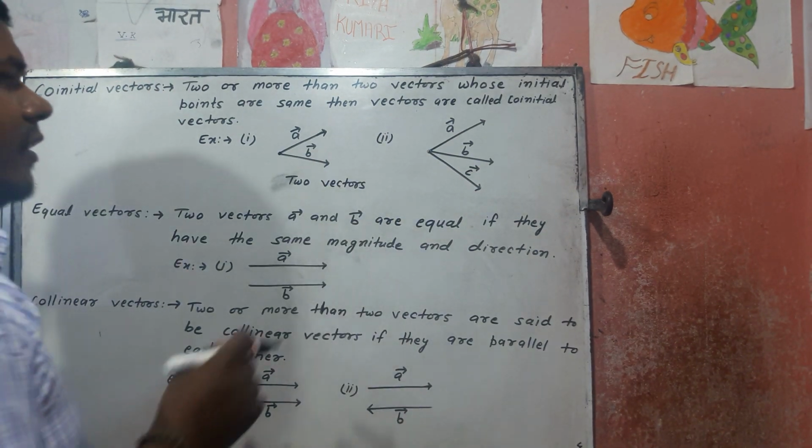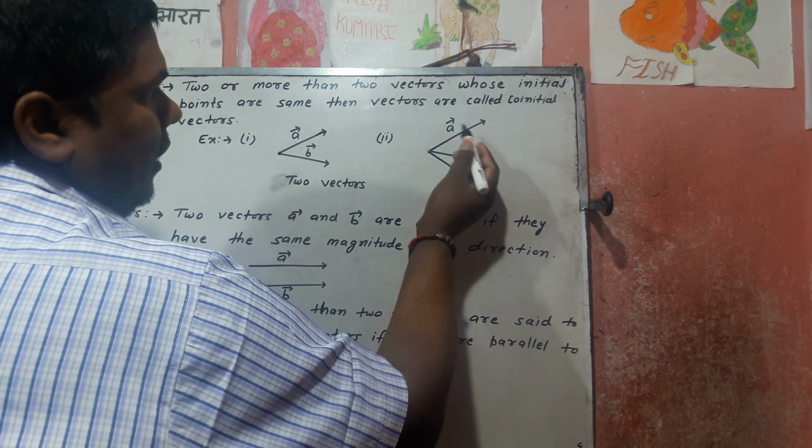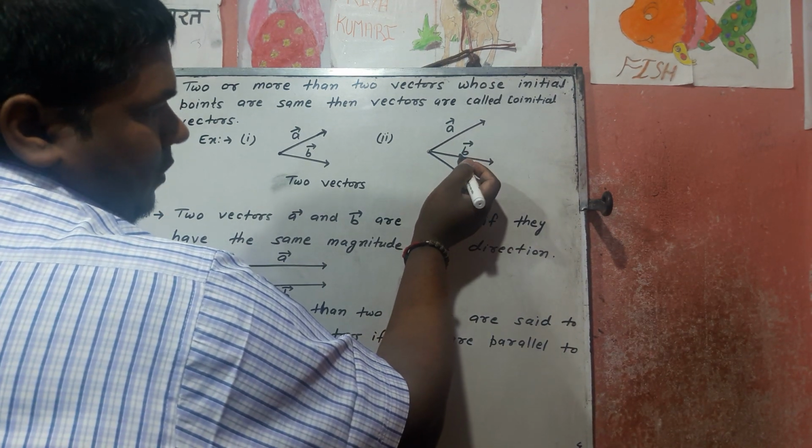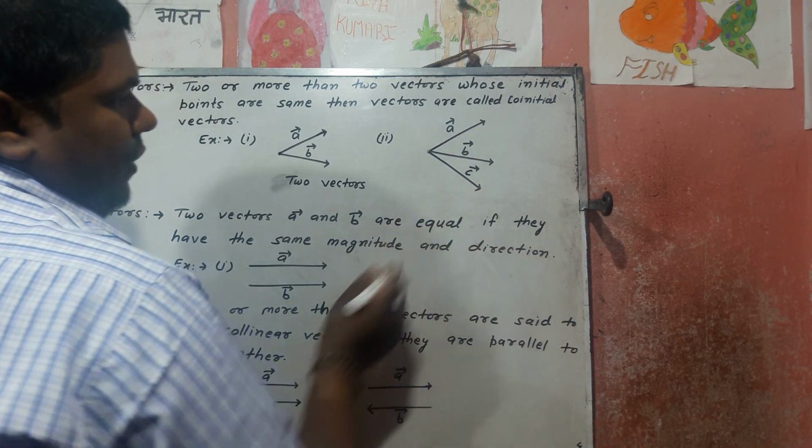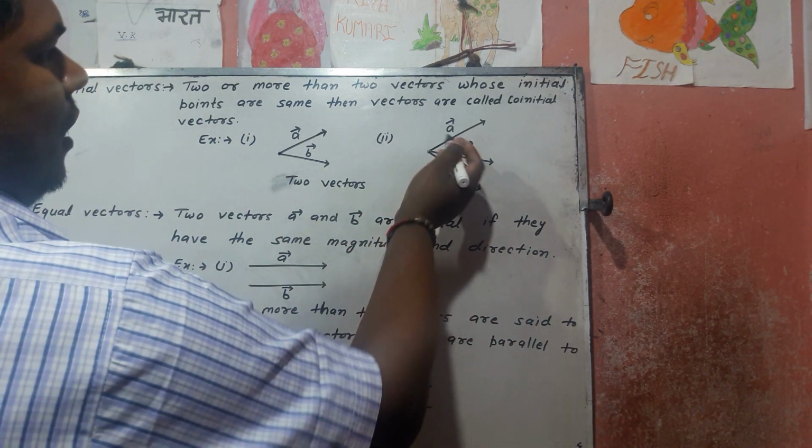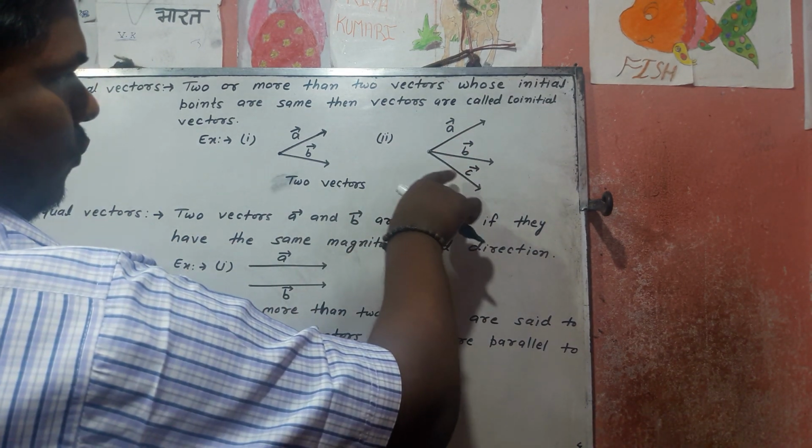So given example, vector A, vector B and vector C are called co-initial vectors.